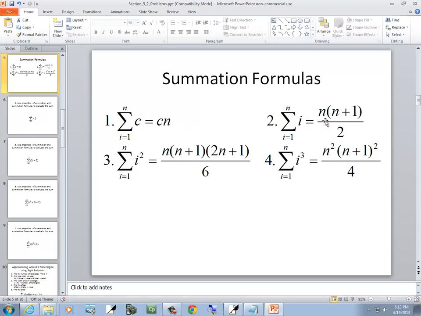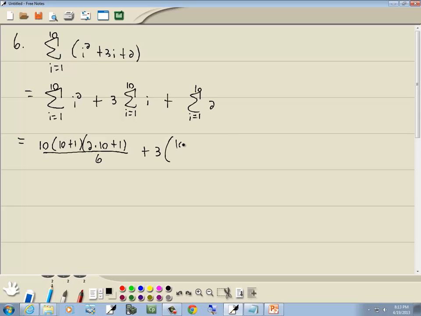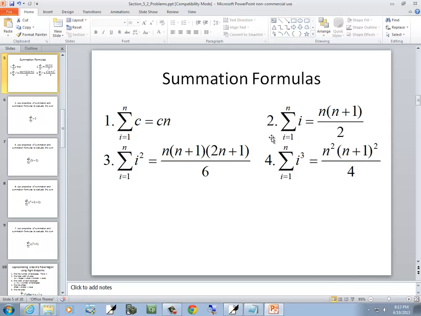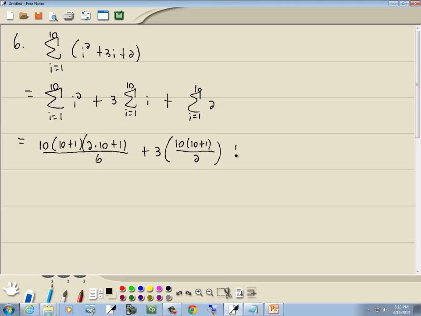That's number 2. And we'll put 10 in for the n. So we got 10 times 10 plus 1 divided by 2. And again, whenever you have a number like this, you just take your number times n. So we'll take 2 times 10.